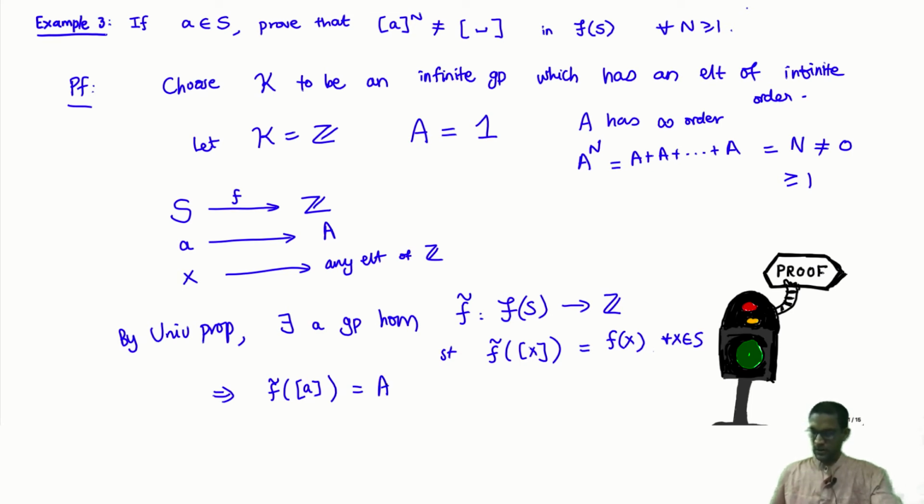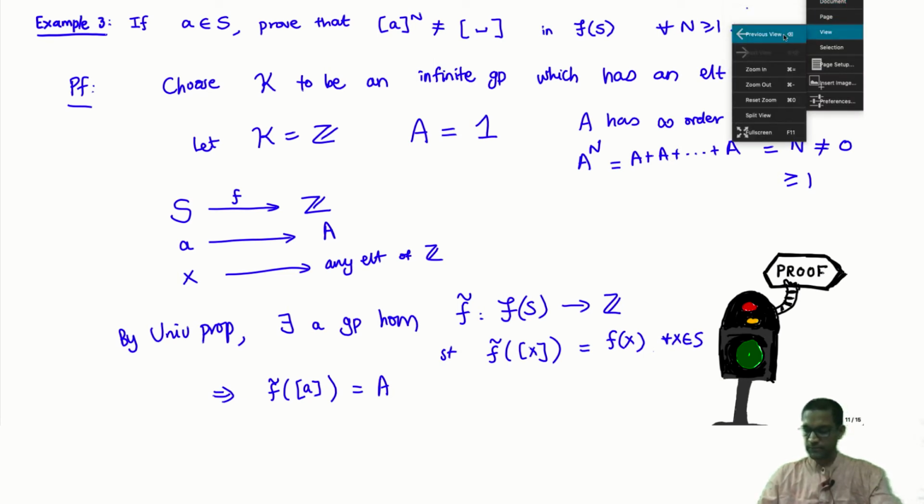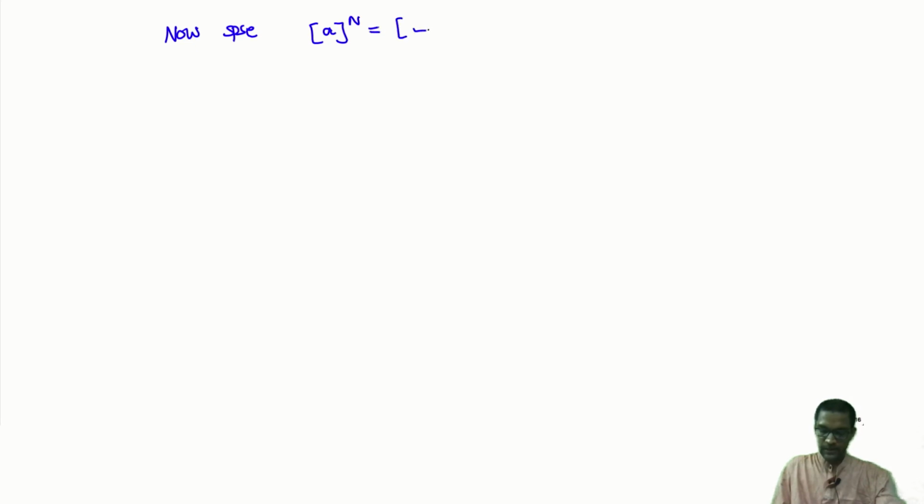Now we'll derive the contradiction in much the same way that we did earlier. Now suppose A power n is the identity in the free group, and let's apply f tilde to both sides.